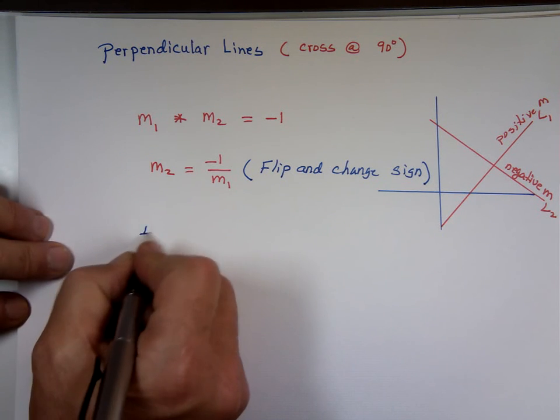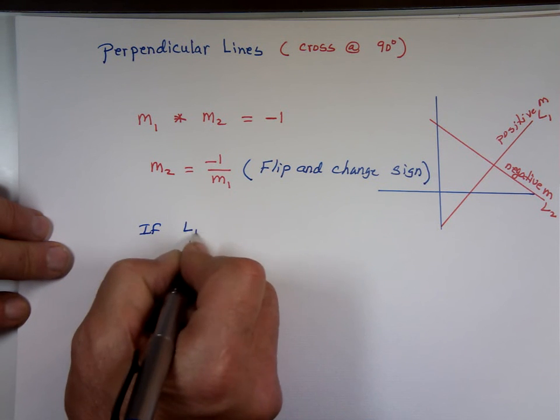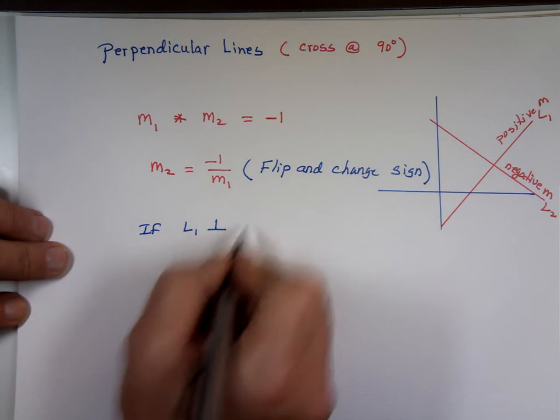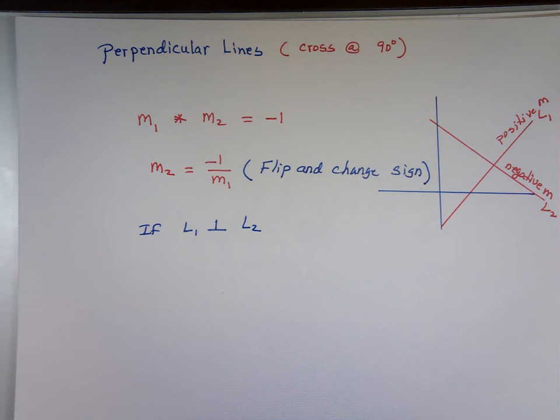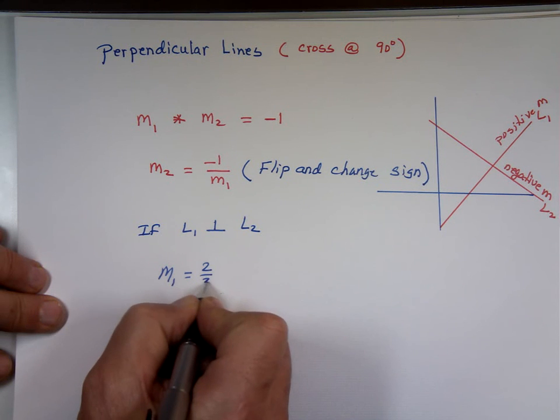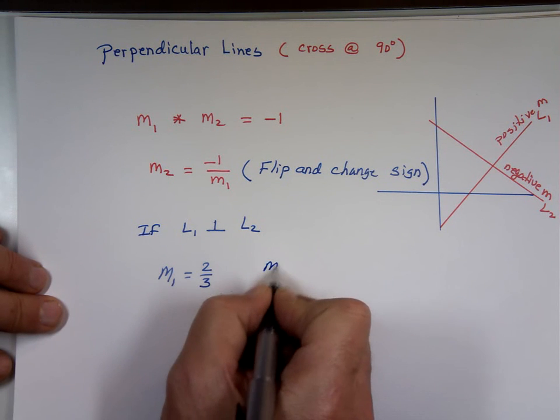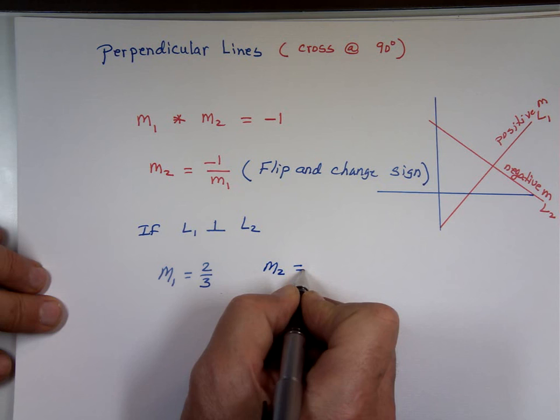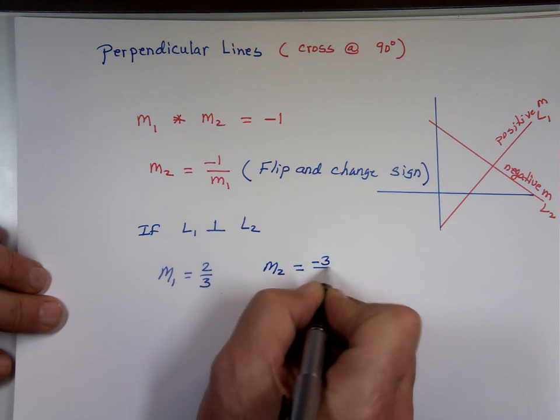If line 1 is perpendicular to line 2, that's how we write them. If M1 equals 2/3, what is M2 equal to? The second slope. Flip and change the sign. Negative 3/2.